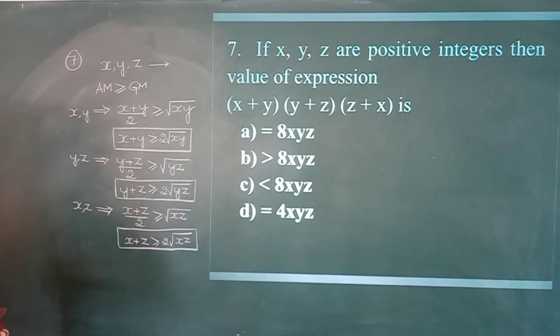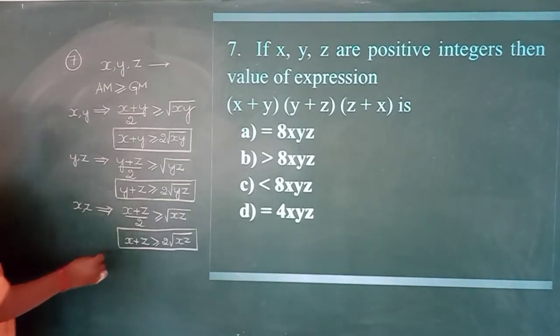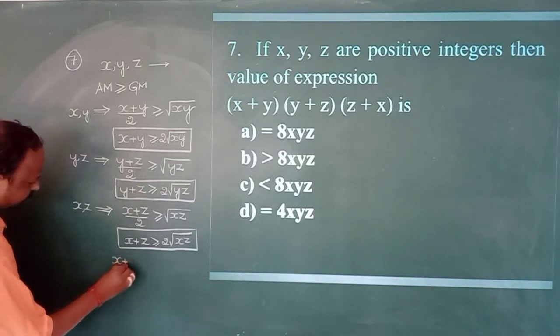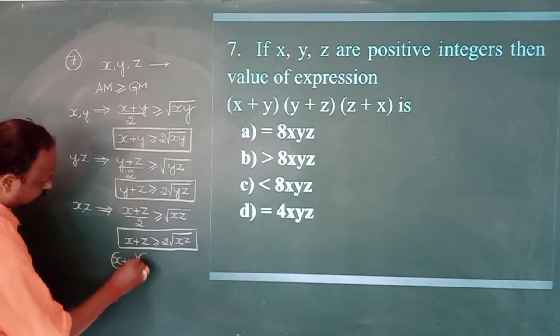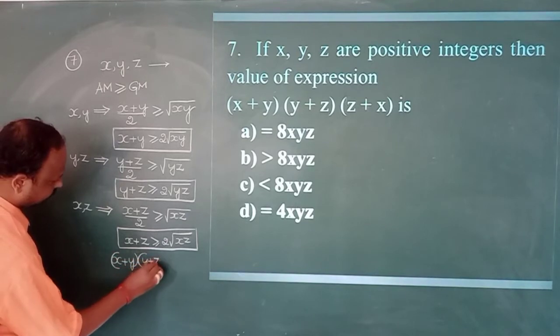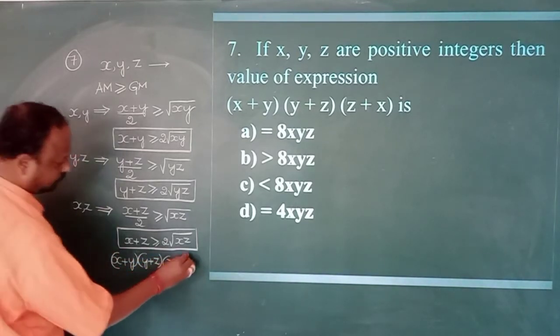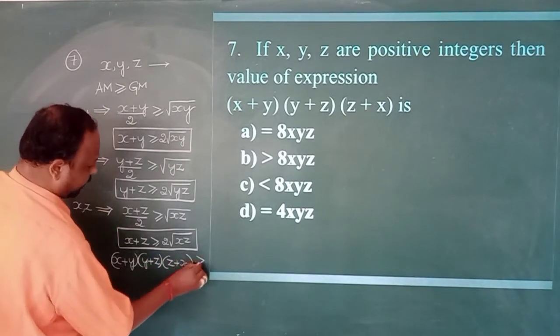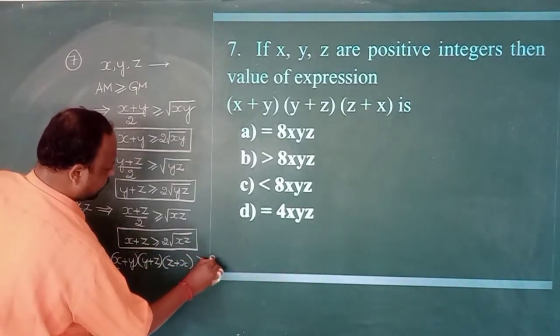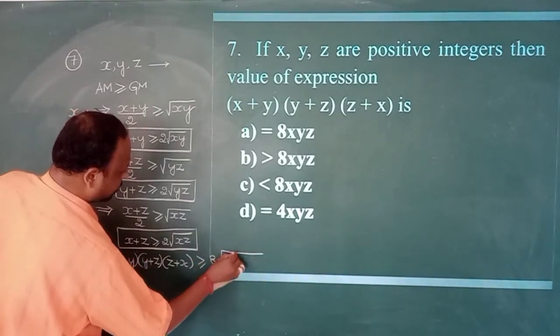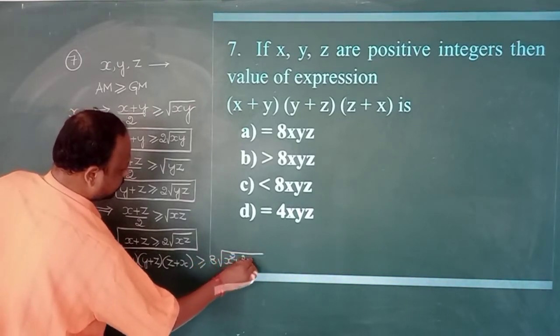If you multiply all three equations, you will get (x plus y)(y plus z)(z plus x) greater than or equal to 8 into square root of x square y square z square.